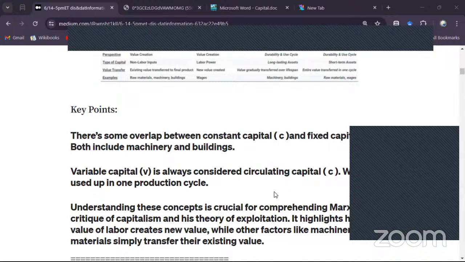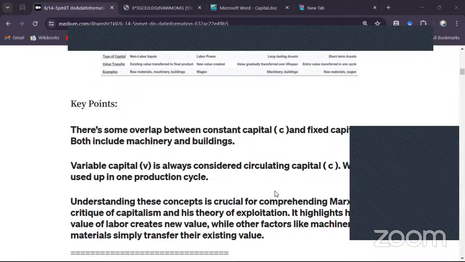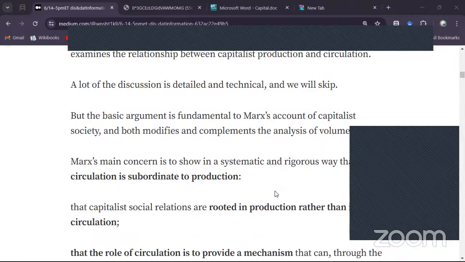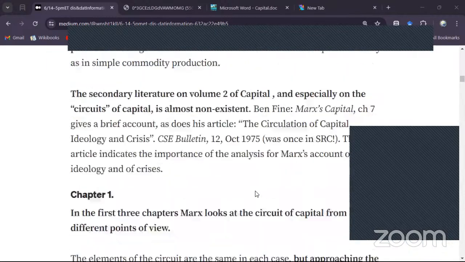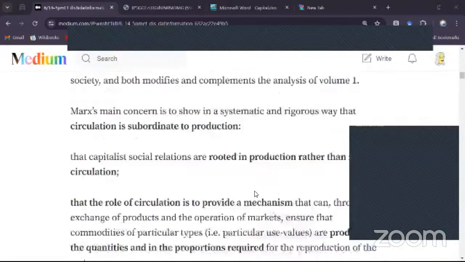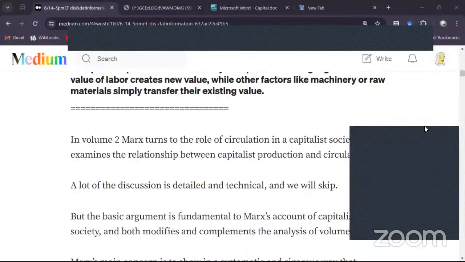Let me suggest that tomorrow I'm going to try and get to a quick overview of this little section here. It's essentially the same reading, which I'll prepare, of course.